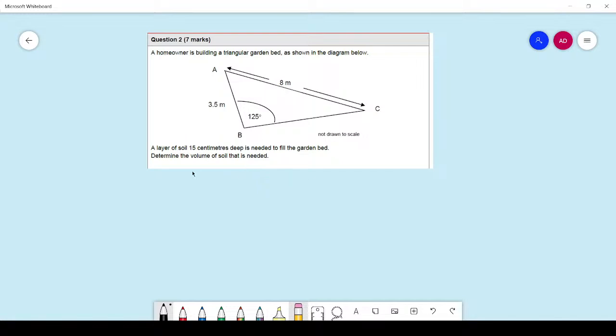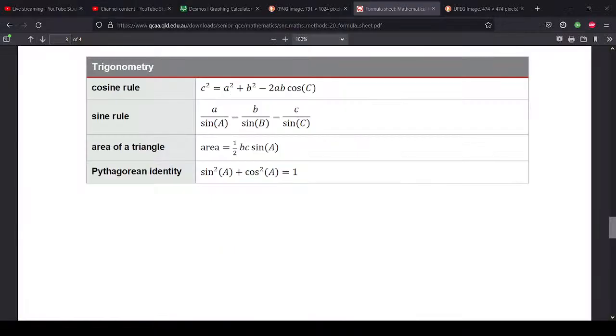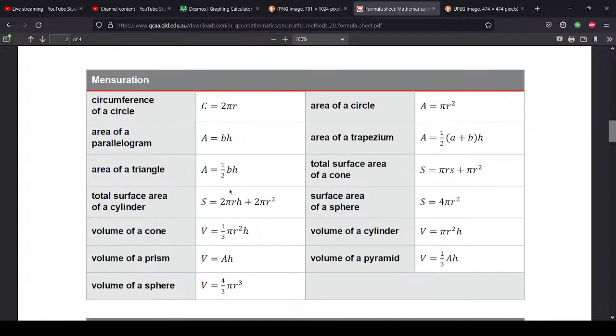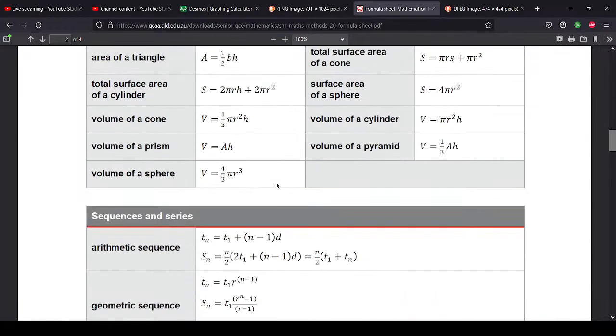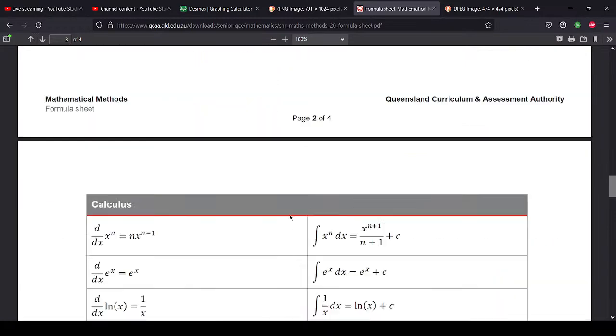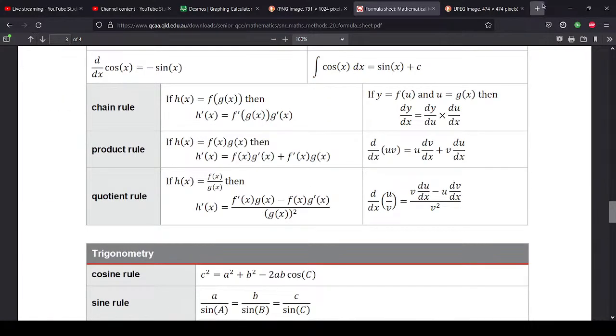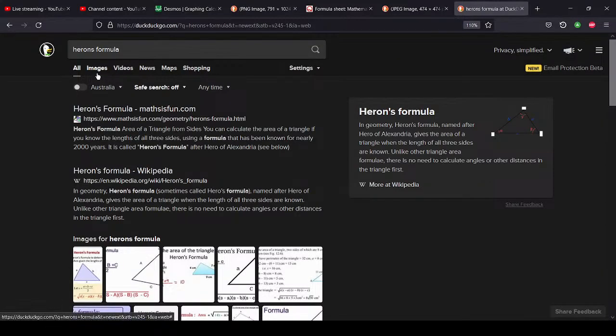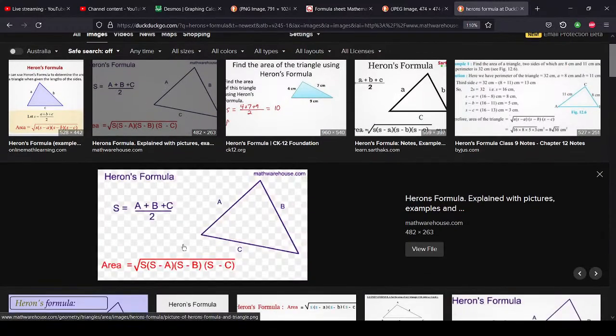Let's find the area of this. So to find the area of a non-right angle triangle, what can we use? You guys must have done Heron's rule at some point, right? Heron's formula we can use to find the area of a non-right angle triangle.